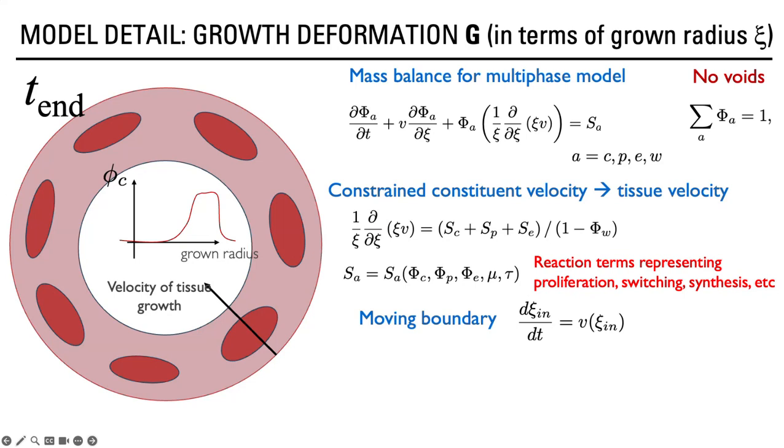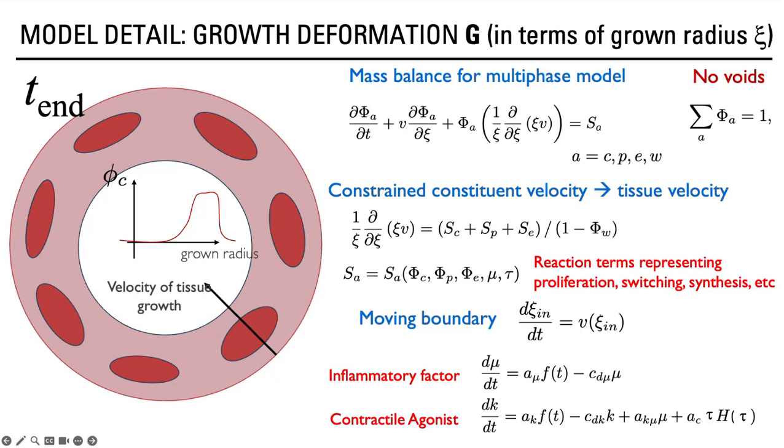And then we end up with a moving boundary problem because we've got the inner wall, which we can write down as d psi n dt equals v at psi n. And then the inflammatory factors we can model using a simple time-dependent term, which is how we challenge our model, and then some natural resolution.